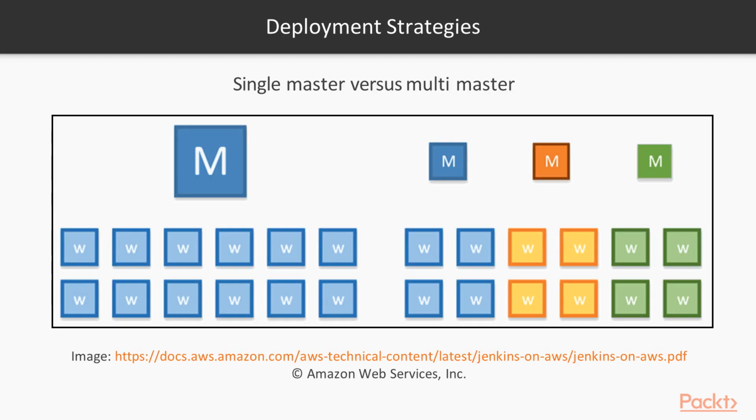Deploying Jenkins in a master-slave configuration usually falls into one of these two deployment strategies: a single large master with multiple slave nodes connected to it, that's the configuration on the left, or multiple smaller masters with multiple slave nodes connected to each of them, that's the configuration on the right.